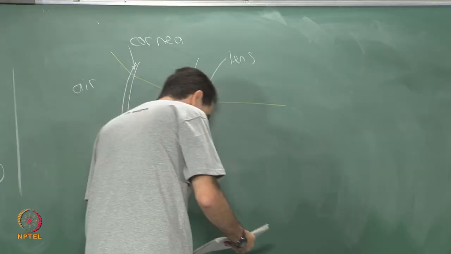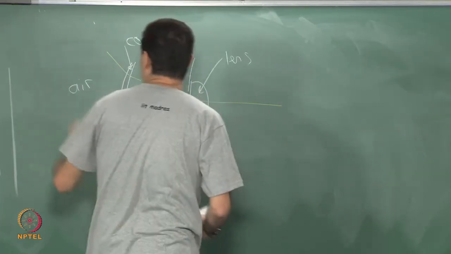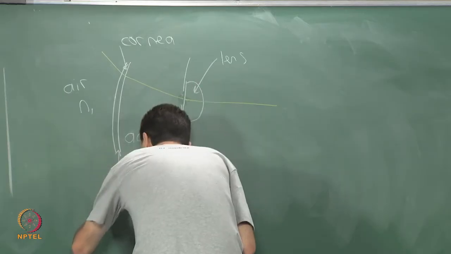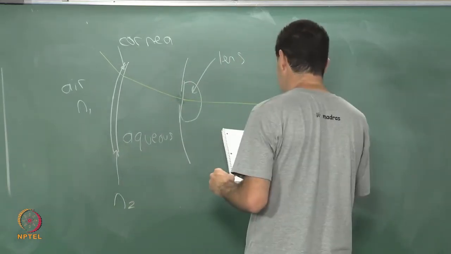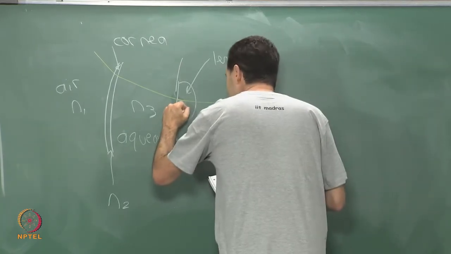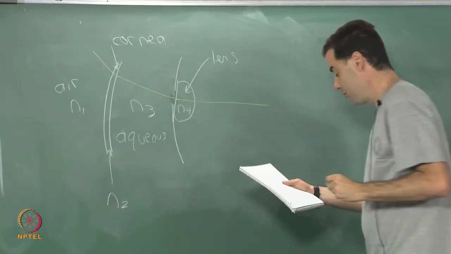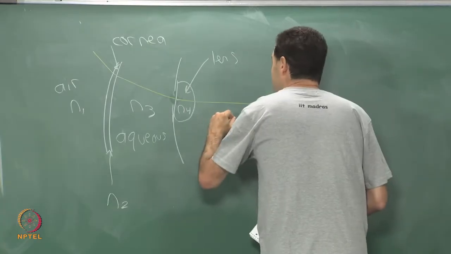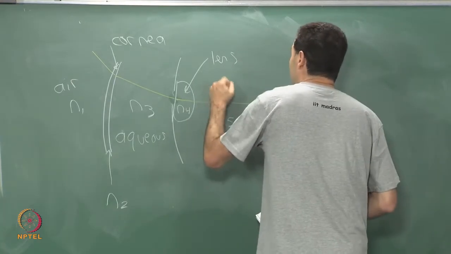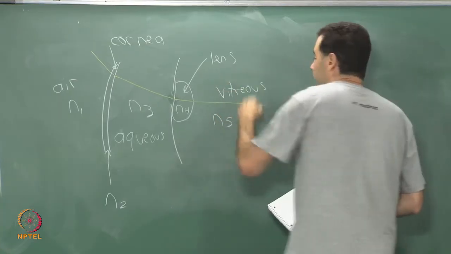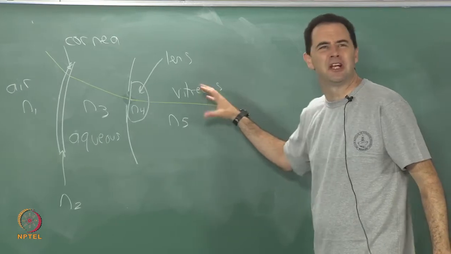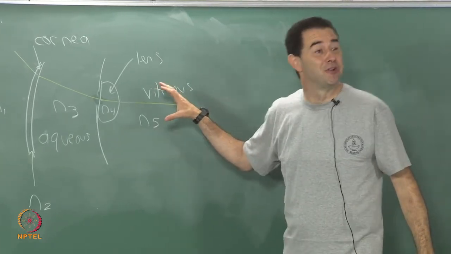So let's look at the refractive indices of these various materials. So there's air out here, which I'll call N1. I'll have N2 for the cornea. I'll have N3 in the aqueous. I'll have N4 for the lens, and I'll have N5 for the vitreous, which is also a kind of liquid or more like gelatinous, let's say, material.